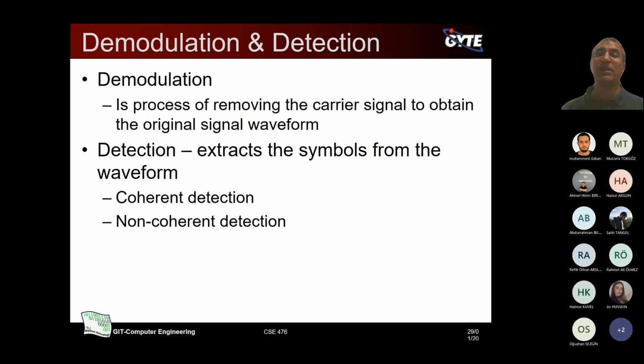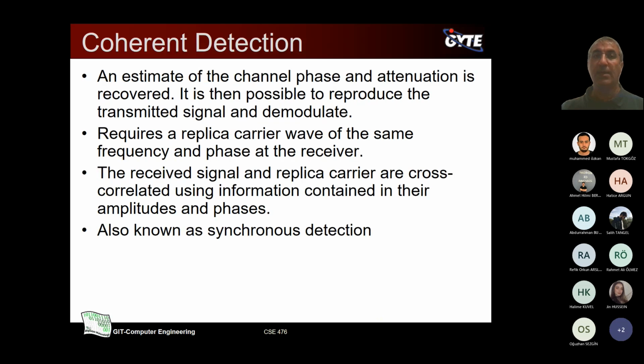We split the detection into two parts: either coherent detection or non-coherent detection. Let's see, what is coherent detection? First of all, for coherent detection, we need to locally generate a replica carrier wave with the same frequency and phase at the receiver side.